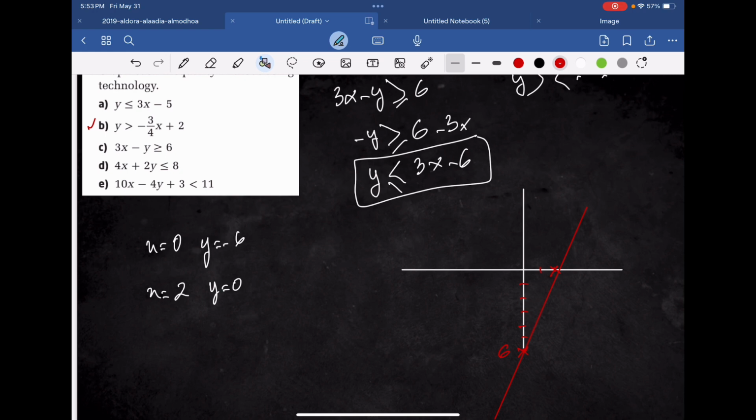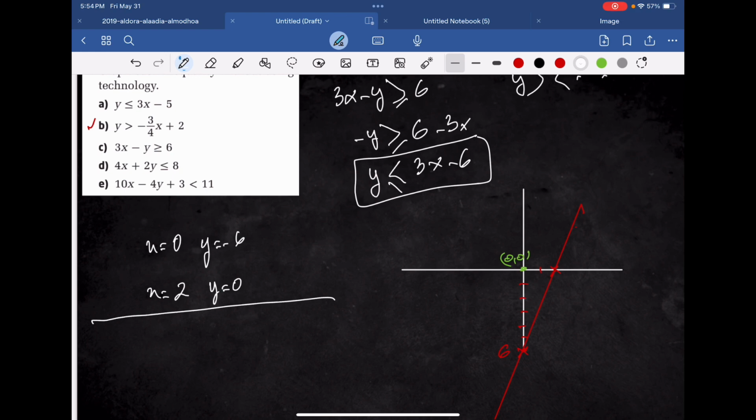Good, so this is my line. Same thing, same strategy. Let us check if 0, 0 is included or not.